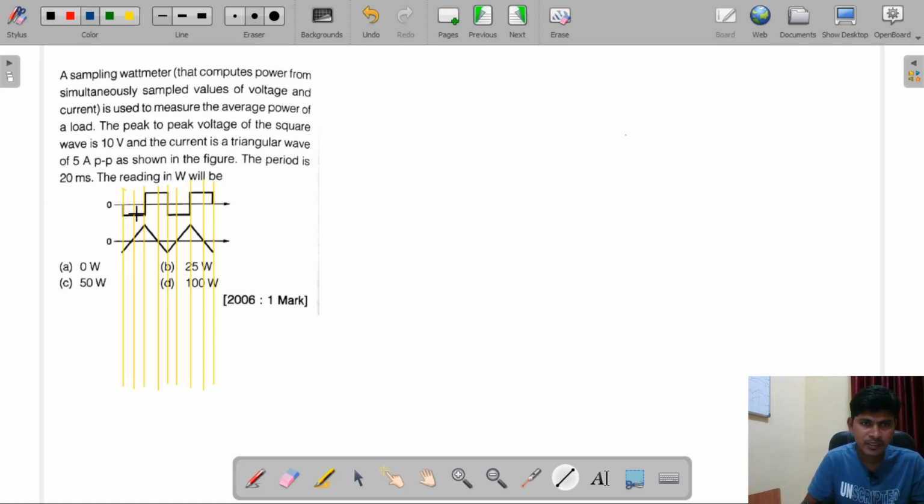See, anyhow from here to here it is constant and negative. During this period from here to here, it is negative only. This is voltage, this is current. Let me multiply both. First let me draw the instantaneous power.